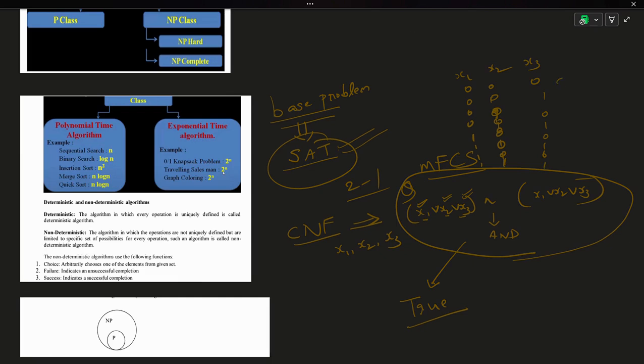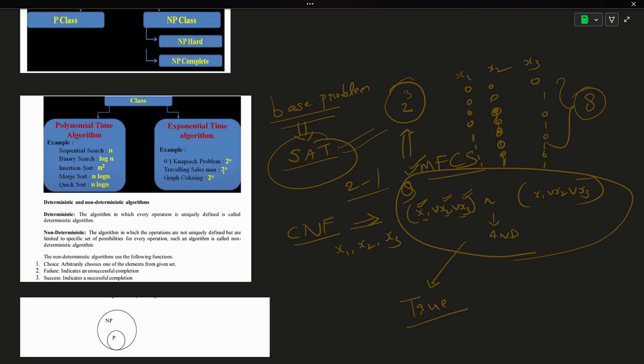It means that there are 8 possible combinations, or rather, if there are 3 variables, 2 to the power of 3 combinations are possible. It means this particular problem is an exponential problem, which successfully terminates with these inputs. There exist some x1, x2, x3 such that it returns true for this particular CNF.